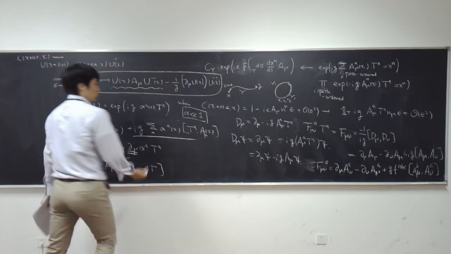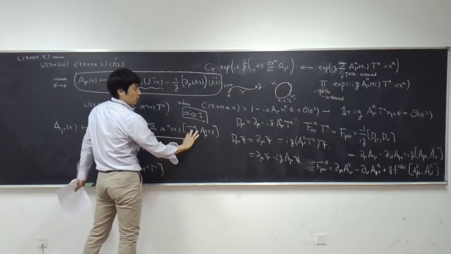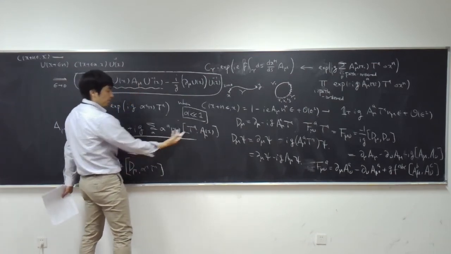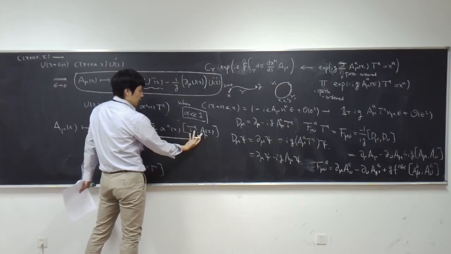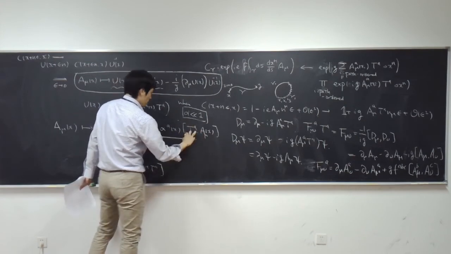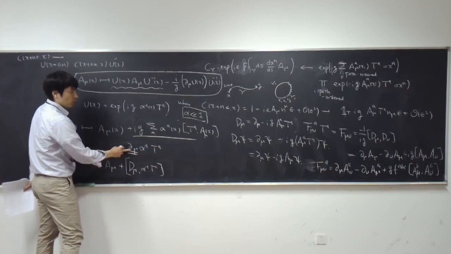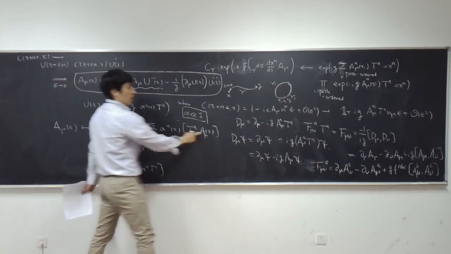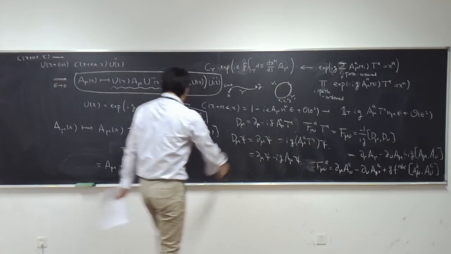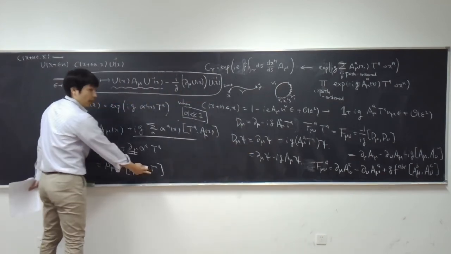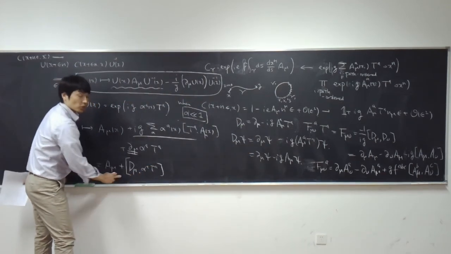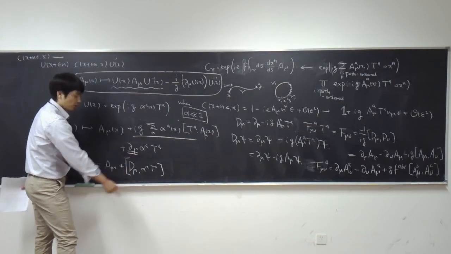And then if you swap the order of the covariant derivative in this bracket, you get a minus sign. Therefore, you can combine partial_mu minus iG A_mu acting on alpha^A T^A by the adjoint representation.